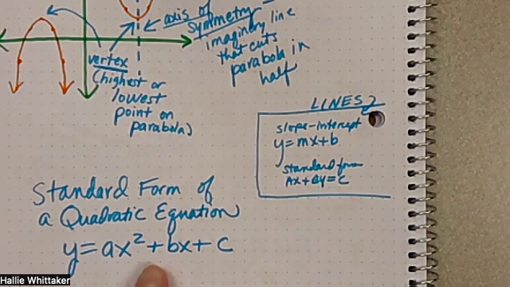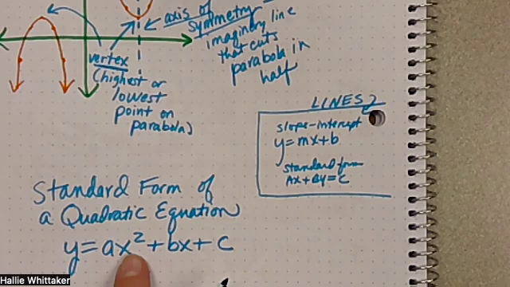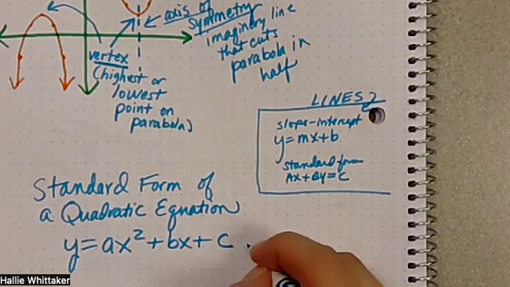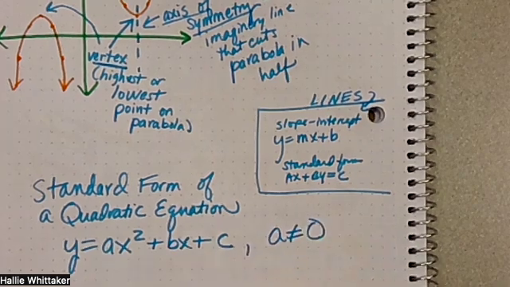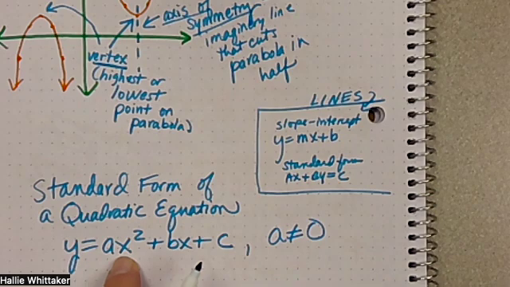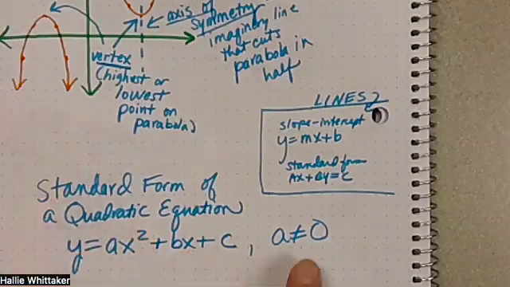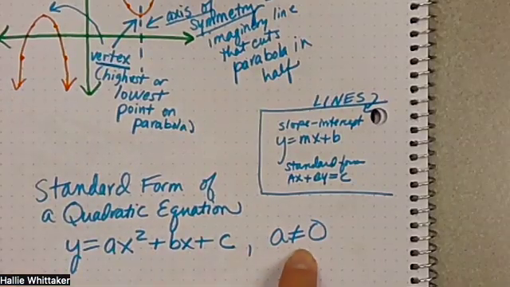But for the quadratic equation, you've got your x squared, your x, and your constant all on the right-hand side. Your y is by itself. So that's standard form of a quadratic equation. And the note on this is a cannot equal 0. Because if a equals 0, what does that do to your x squared? Yeah, it goes away. And then you'd be back to linear. So this is fine so long as a is not 0.